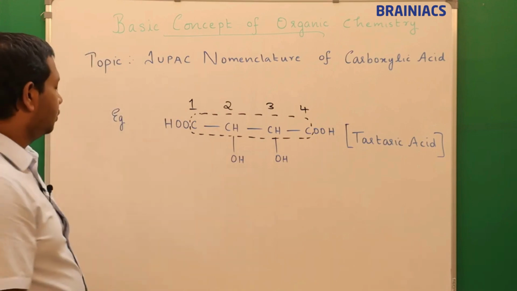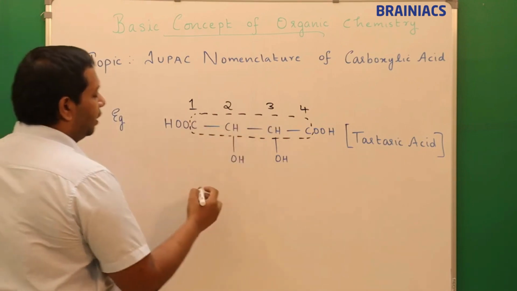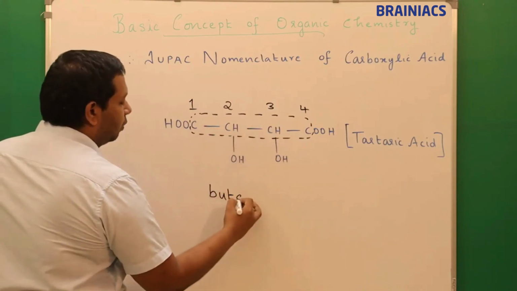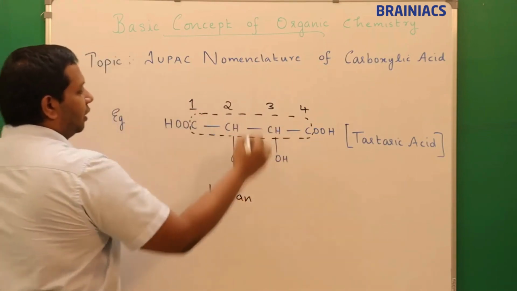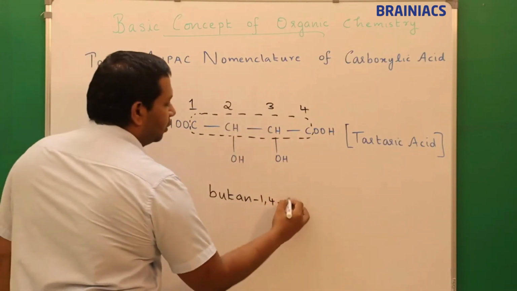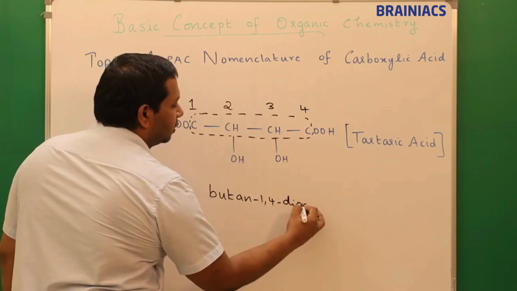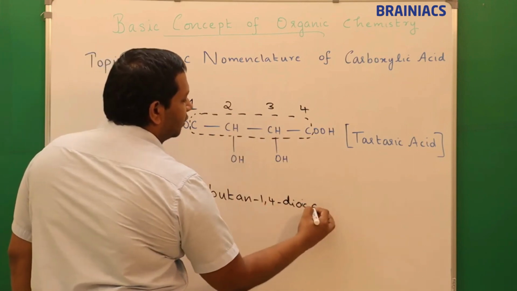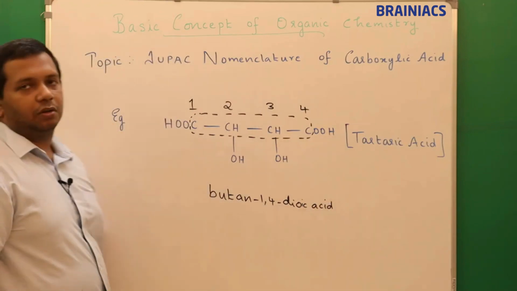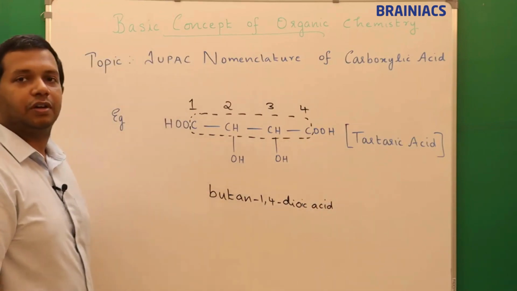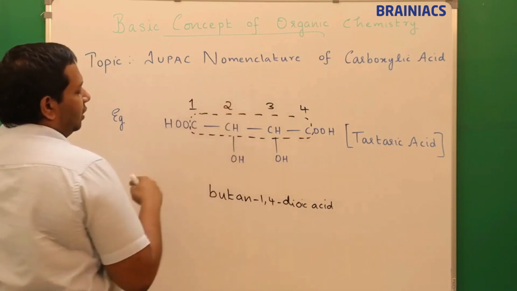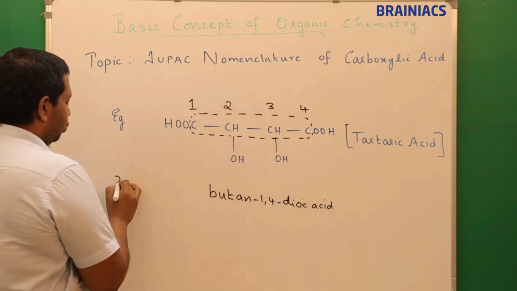I will start with the parent 4 carbon atoms. So my word root is but. All are connected through single bond, so I will say butane. Then 1 and 4. Butane-1,4, 2 are there, so dioic acid. Now is that complete? No, I didn't add the second degree prefix, so I should add that. Prefix 2 and 3. Correct, at 2 and 3 it is there, so I can write 2,3.